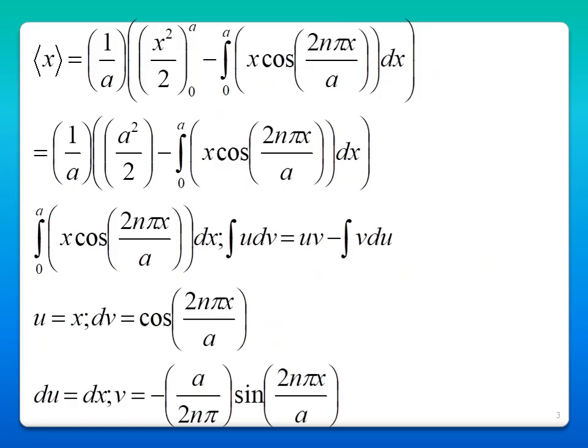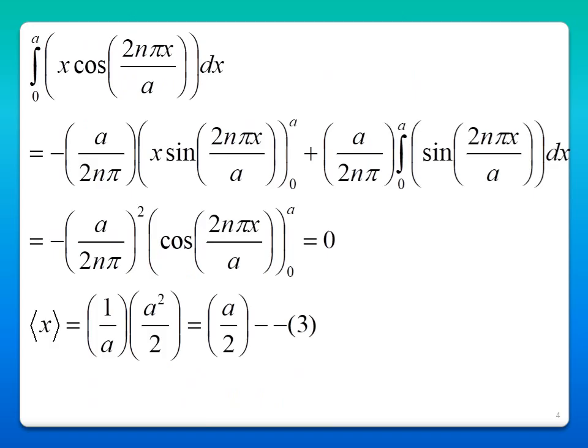The second term is x cos 2n pi x by a. So the second term is like integral u dv. Integral u dv is uv minus integral v du. So you take u as x, dv as cos 2n pi x by a. So du is dx, v is 2a by 2n pi sine 2n pi x by a.